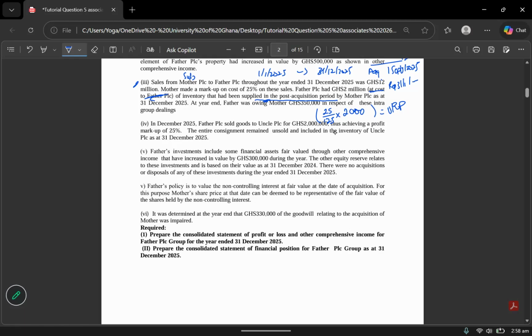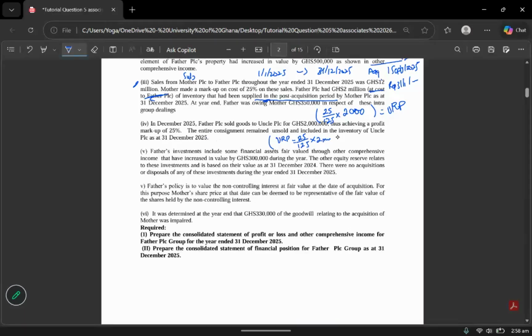So if you want to know the general unrealized profit here, and they say the entire consignment remained unsold, the general unrealized profit will be 25 over 125 times 2 million.